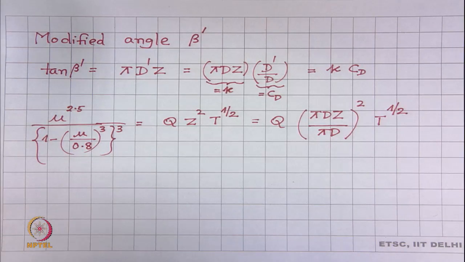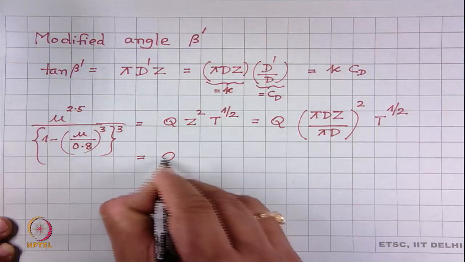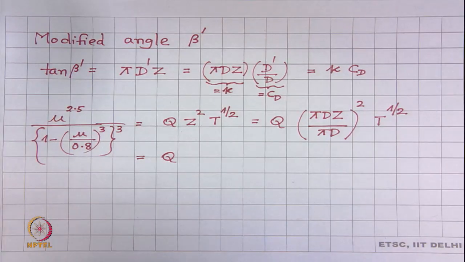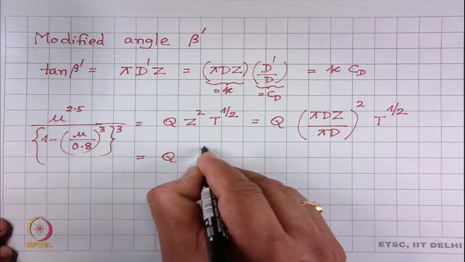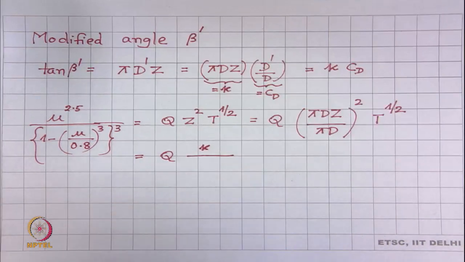We do not want to change this yarn fineness. Okay. So, what we can write in the next step is Q. What is pi D Z? Kappa. And what is pi D?